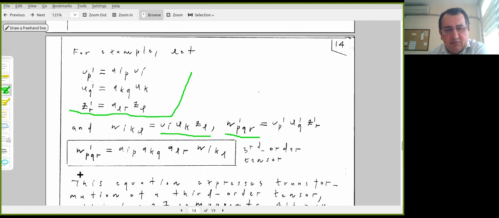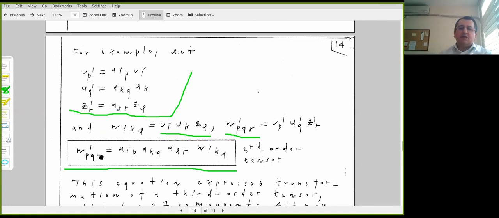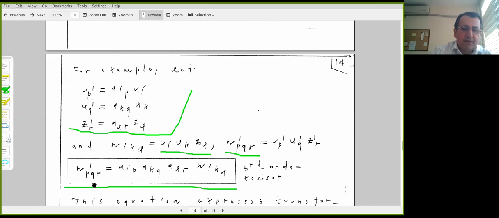Thus, transformation matrix appears 3 times in the transformation formula pertaining to this third order tensor, W pqr prime equals aip akq anr W kl. How many elements does this symbol have, W pqr prime? How many elements? There's an answer, I guess. No, attendance is taken. And how many elements?